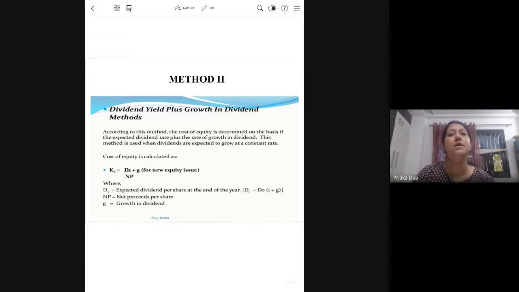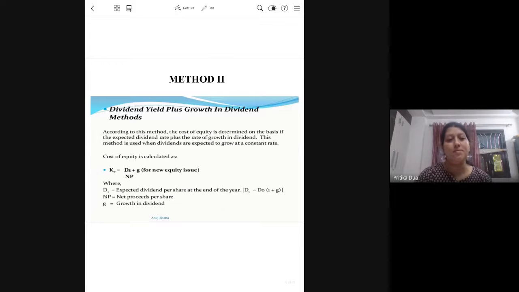Say the firm has paid a dividend of 10 rupees and it is showing a growth of 10% in the dividends every year. So you can expect a rupee 11 dividend at the end of first year.